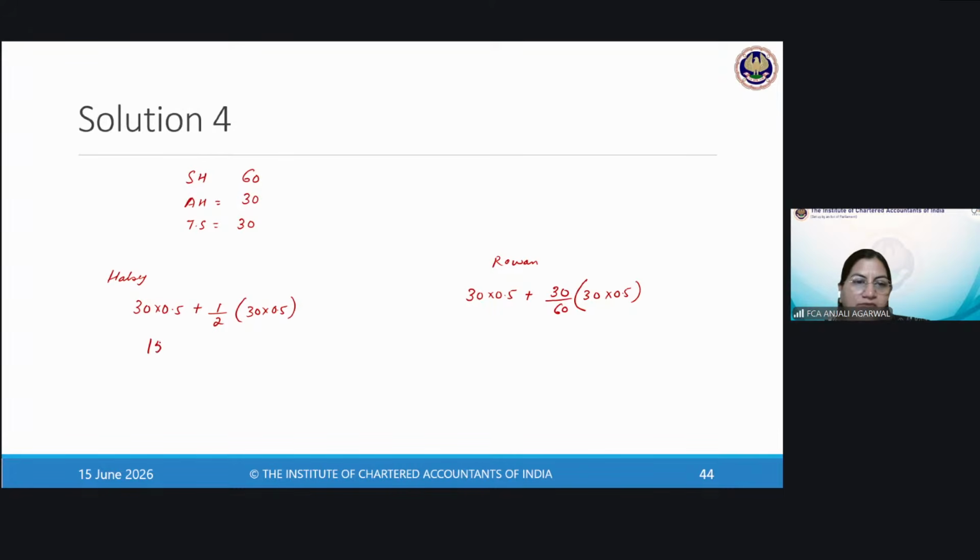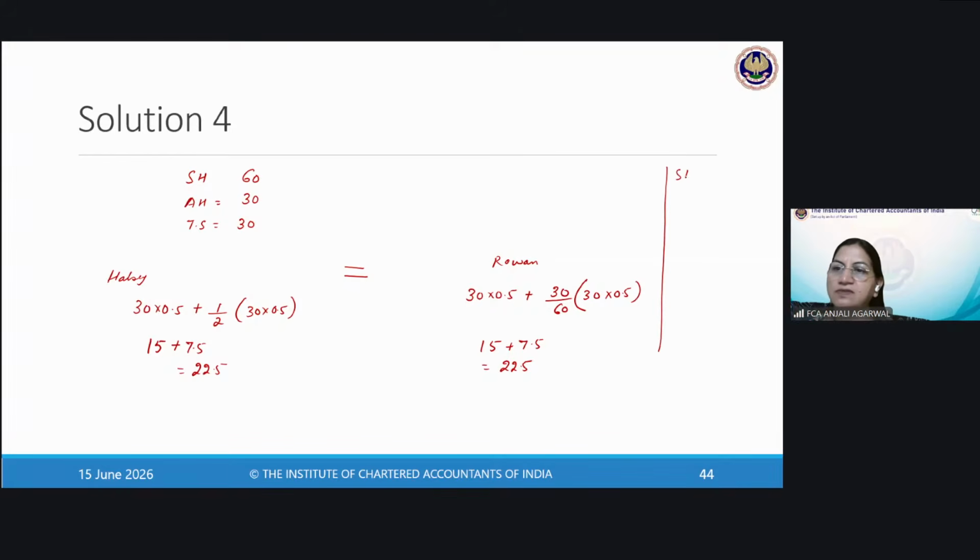So they both would have given 15 plus half of 15, 7.5, 22.5. Right? So Rowan and Halsey give you exactly the same answer when the time saved is exactly equal to actual hours.